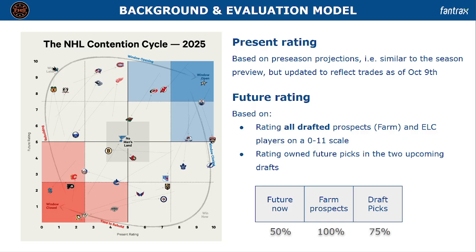So there is more of a question mark, especially in terms of time when they are going to contribute. So with that said, this is more or less the logic behind it.